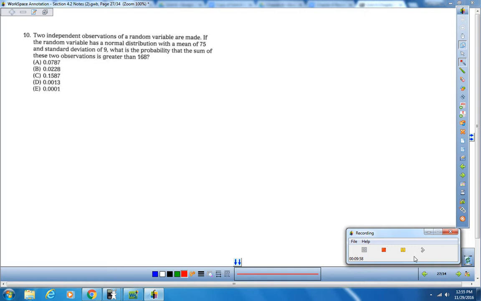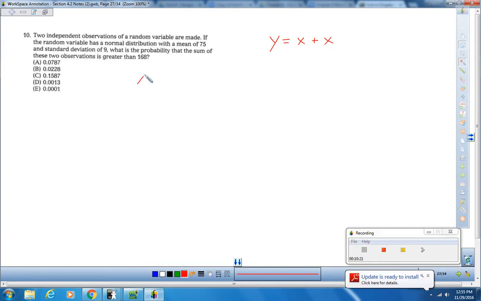Number 10 I thought was the hardest question on here, just because we haven't seen anything quite like this. It says if there are two independent observations of a random variable. So basically what I'm looking at is y equals x plus x. If the random variable has a normal distribution with a mean of 75, so the mean of x is 75, and the standard deviation of x is 9.